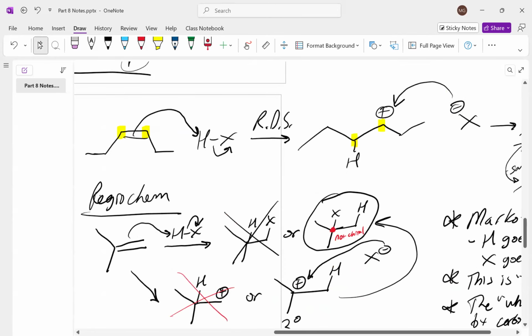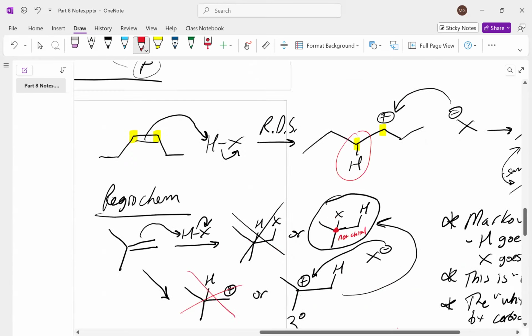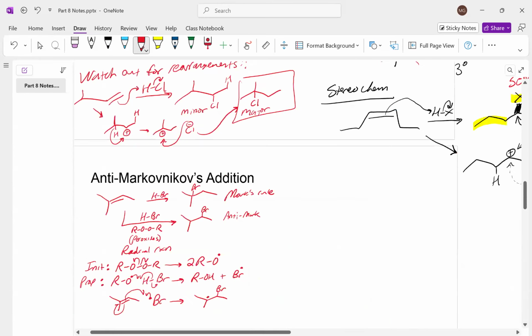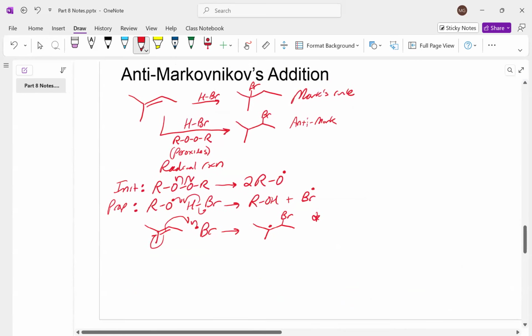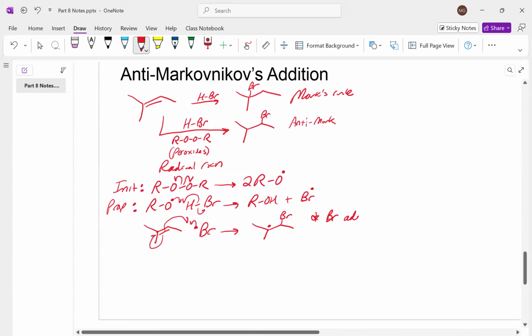In this mechanism, the hydrogen got added first. In this radical mechanism, the Br adds first.